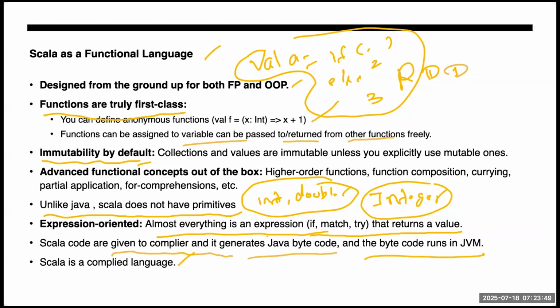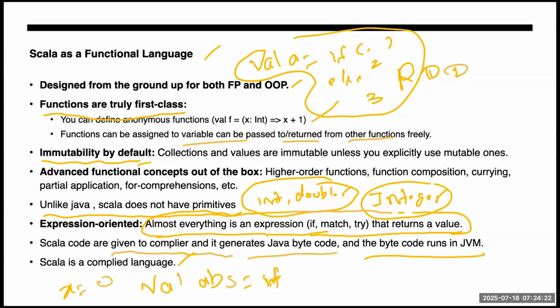This is also one of the important features of Scala, where you can write anything and return it. If I give you one example, in Scala you can directly write val abs equal to, let's suppose we have one value x equal to 0.